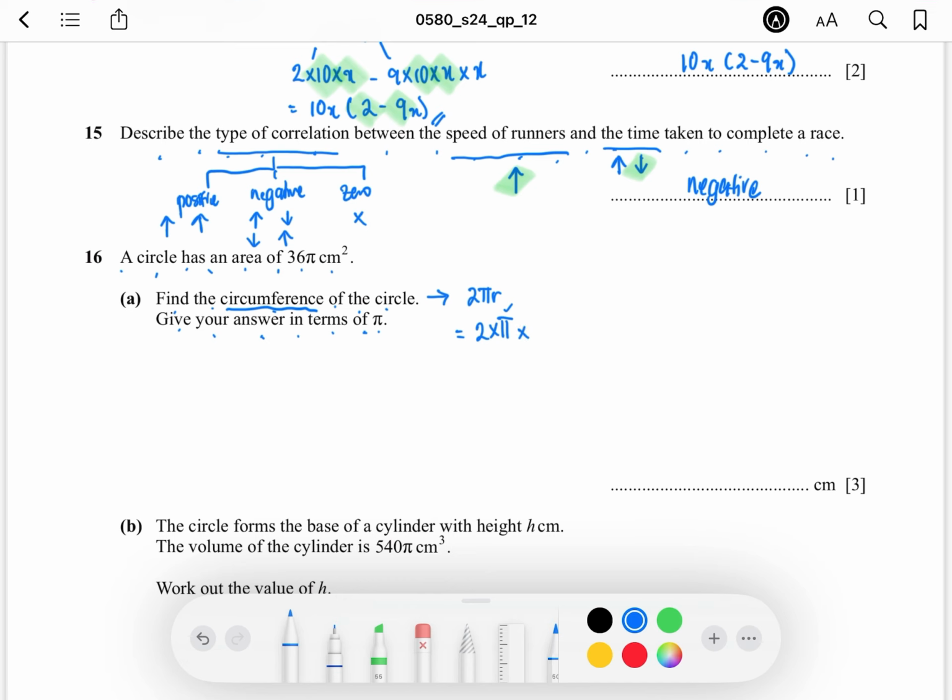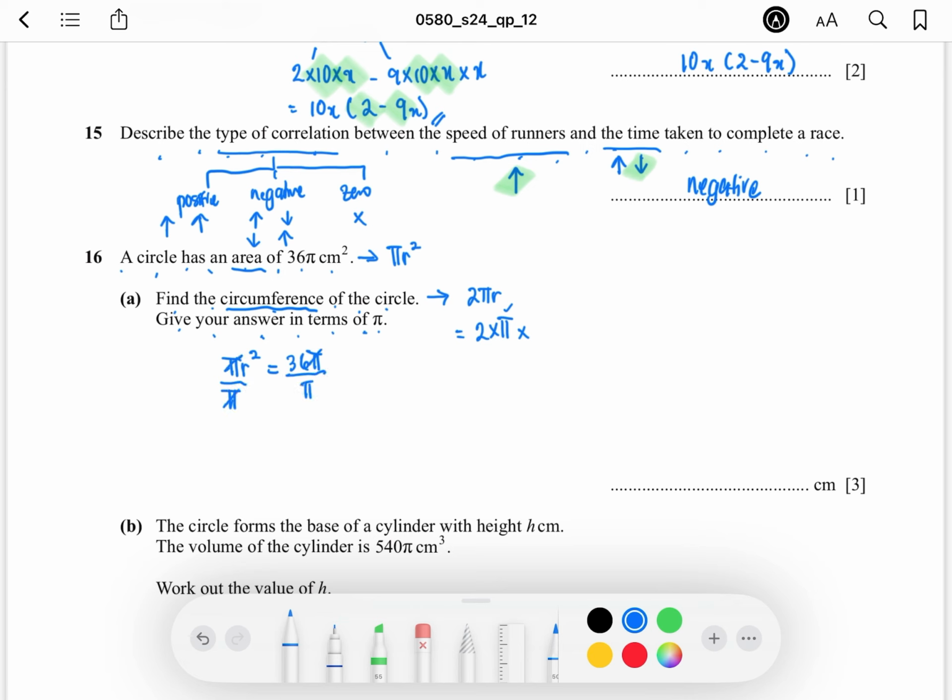What is r? We don't know r. However, we are given this one. Area is 36 pi, and formula for area is pi r square. So I'm going to write down that one. So pi r square given is 36 pi. So I can use this to find r. I divide both of these by pi.